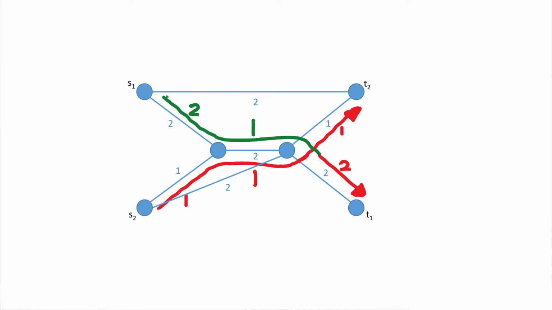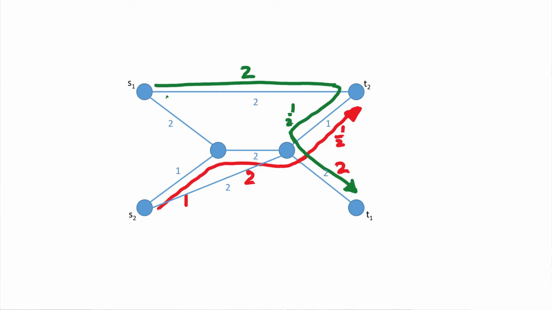Now, what you can notice in this picture is that the green agent, the agent who is sending traffic from S1 to T1, is in fact not happy with the state of the system. Why? Because the green agent can switch to a different path, and while she was paying a cost of 5 earlier, by switching she can reduce her own cost to 4.5.